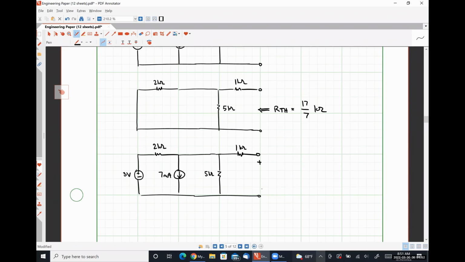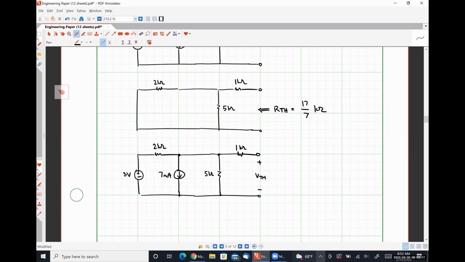And we are simply going to measure this open circuit voltage VTH. Instead of asking you guys how you'd like to do this, I'm going to tell you that we're doing it using nodal analysis, and I'm going to explain the reason why.